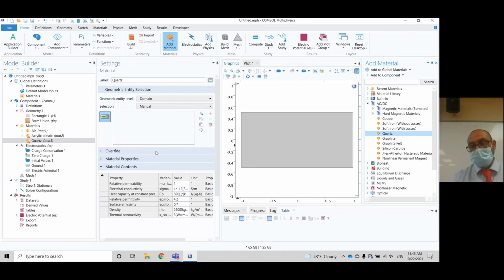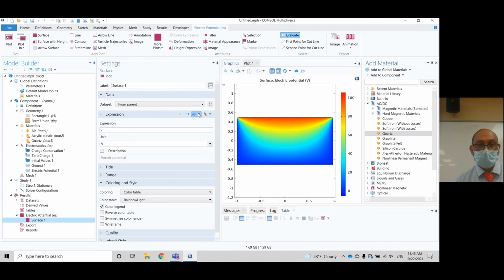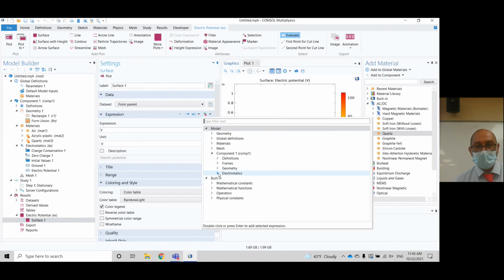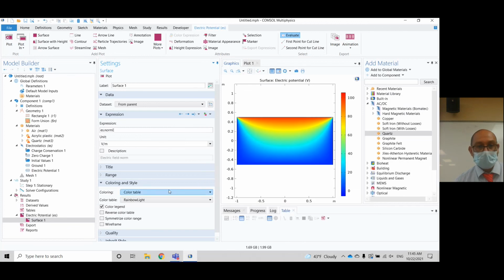So I didn't record the electric field before, and let me see if I can show you. And so right now we're looking at electric potential, electric field. I didn't record it, so we won't be able to see.